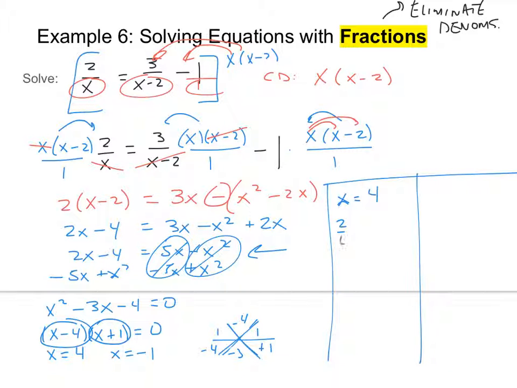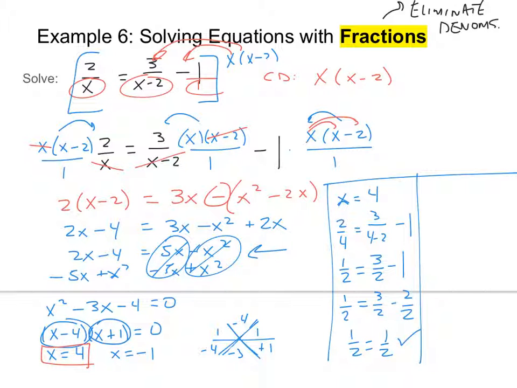So I got 2 over 4 equals 3 over 4 minus 2 minus 1. So that's 1/2 equals 3/2 minus 1. So if I convert everything to halves, 3 over 2 minus 2 over 2. So 1/2 equals 1/2. That one checks out. So x equals 4 is a good solution.